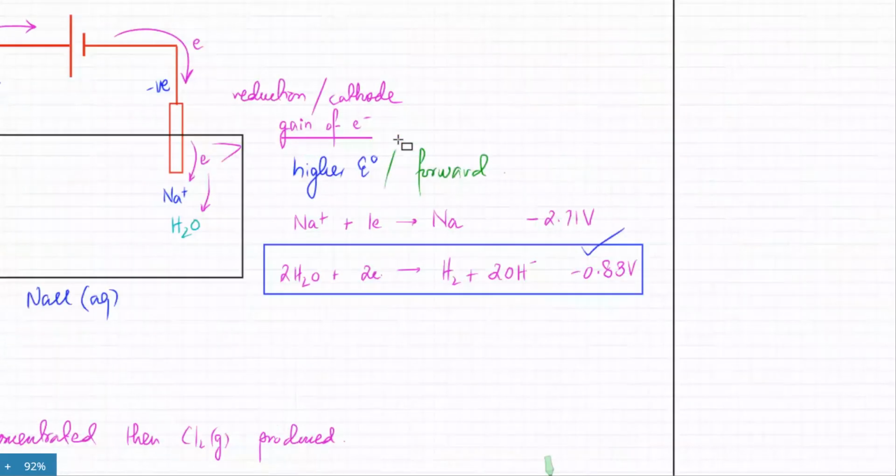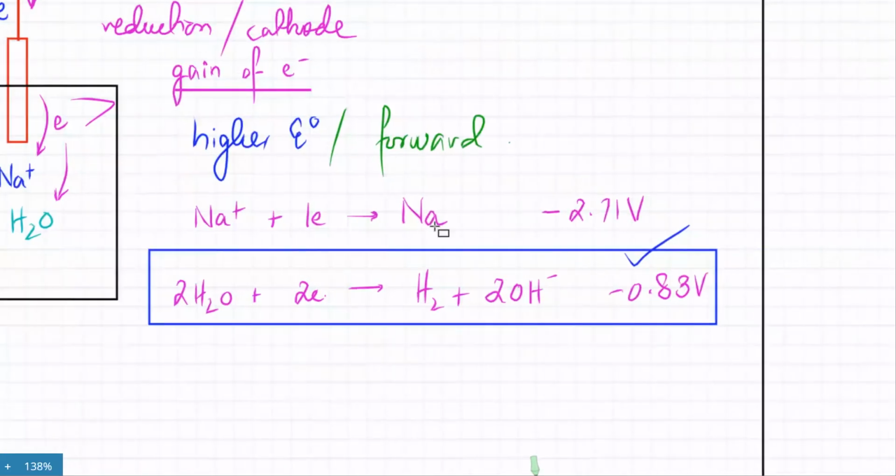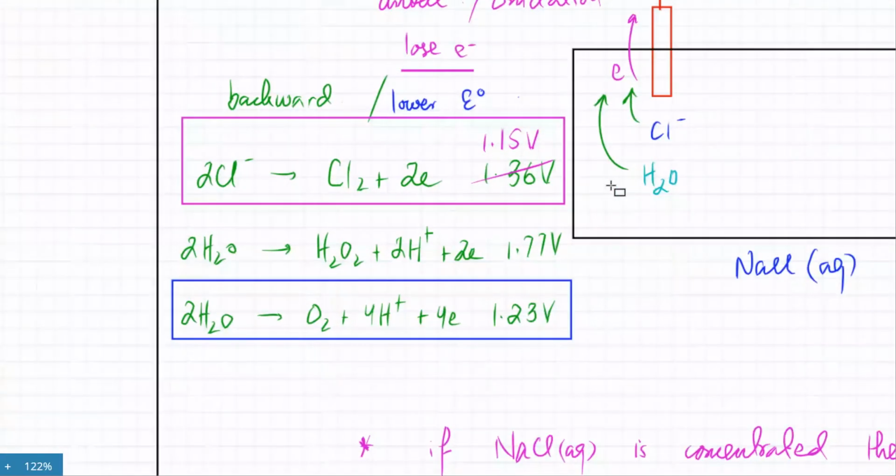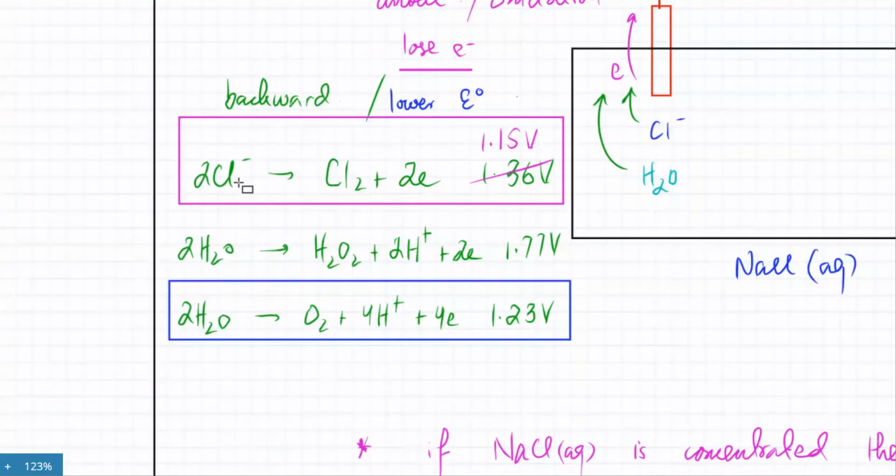Similarly over here, there is a large difference, so even if you change the concentration, the one with the higher E naught is not going to change because there's a big gap between their potentials. So usually changing concentration only comes into play when you have Cl minus 1 and the difference is very small.